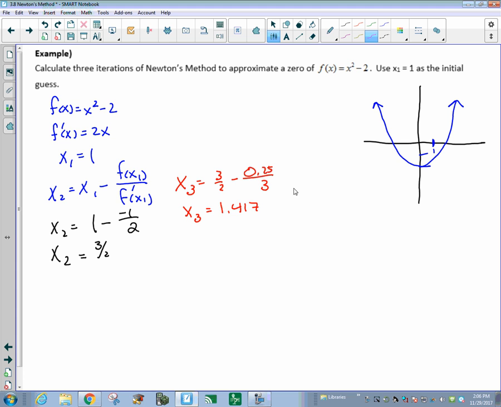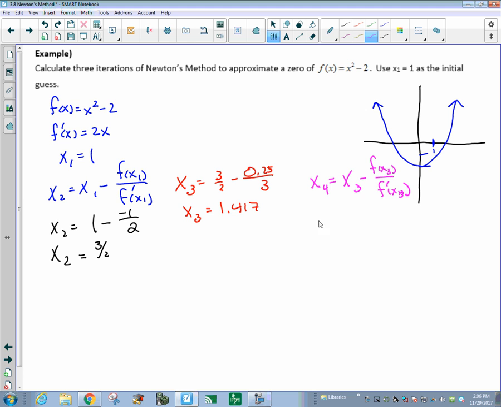Well, that's still not close enough to the answer as far as we want to calculate, because we want to calculate to at least 3 decimals. So let's keep going. Let's go one more step, x sub 4. Again, I'm just using the x sub 3 value, putting it into the original function and into the derivative. So it would be x sub 3 minus f of x sub 3 over f prime at x sub 3.